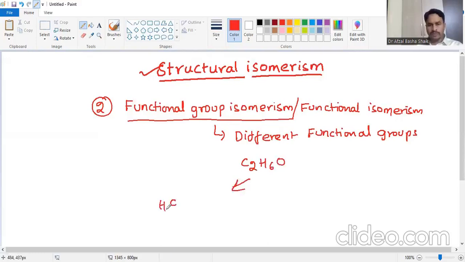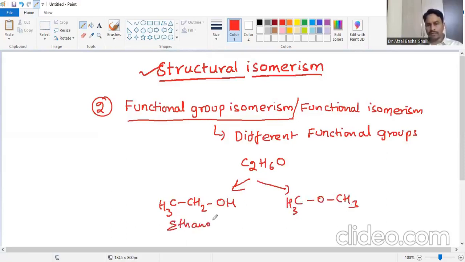For C2H6O, we have written two different molecules. This is ethyl alcohol, or ethanol, and this is dimethyl ether, right? So here the point is it has a functional group.